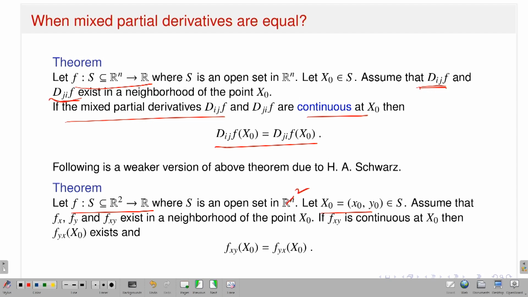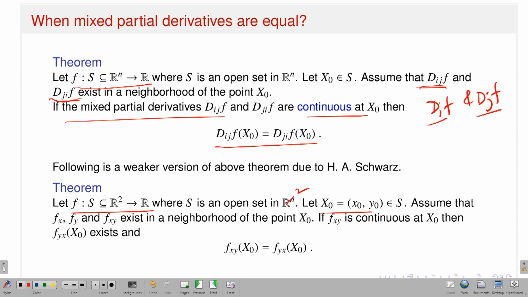In my last theorem, second order mixed derivatives should exist. That means of course first order derivatives should exist, that is dif and djf, the partial derivatives of f with respect to xi and xj variables. Then only can I talk about the partial derivative of f with respect to xi xj and xj xi. So this is automatically there.